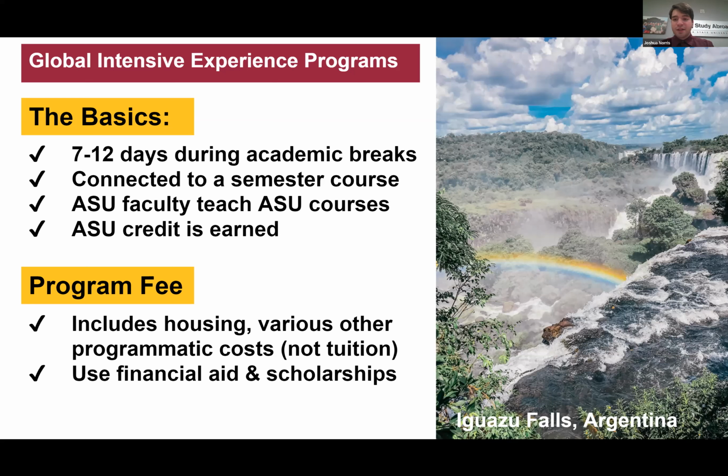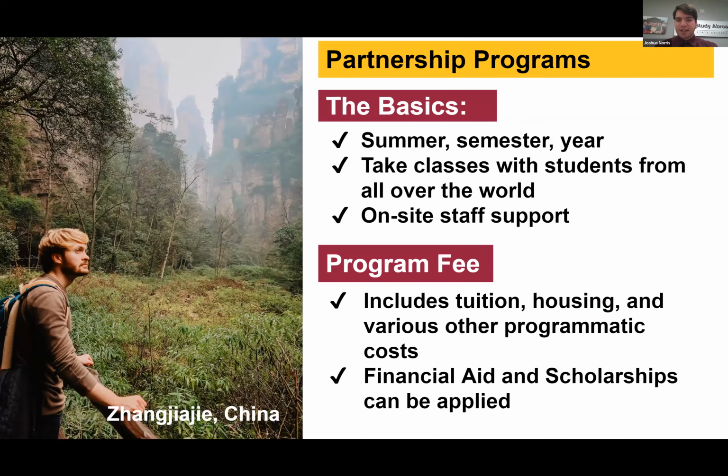But what is included in the program fee is housing and other similar costs during the span of the program. For these, you would be able to use your financial aid and scholarships that would apply to your courses for that semester. And I'll go into more details about that a bit later as well.